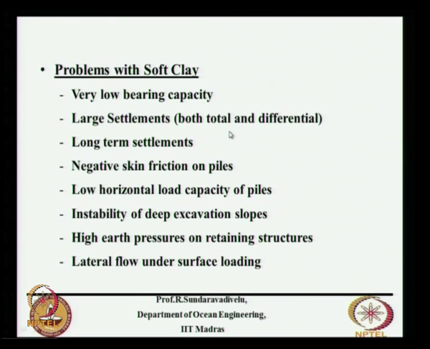Total means if there is a structure, how much will be the total settlement, but there are two ends of the foundation, and they will not settle the same way, there will be some differential settlement. The permissible differential settlement level is very low, and some of the soft clay deposits are where we want to build breakwaters. An example is a settlement we are recently designing for a breakwater at Parangipettai, which is near Chidambaram, for an infrastructure project for a power plant.